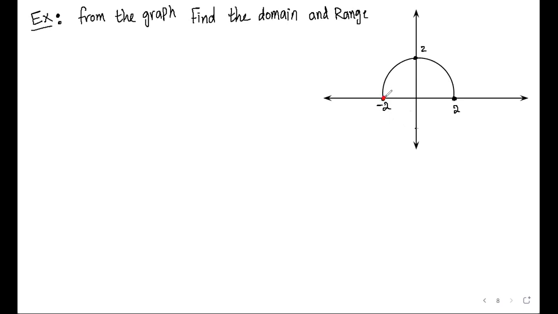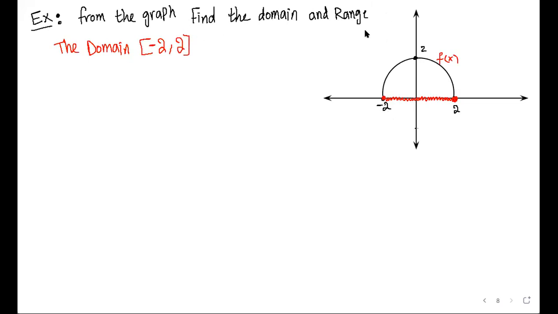Starting from this point, I use it, because suppose this function is f of x, f of -2 is 0, and all these points are used, because f of 0 here is 2, and the same for any point here. So all these points are used up to here. So the domain is the closed interval from -2 to 2.